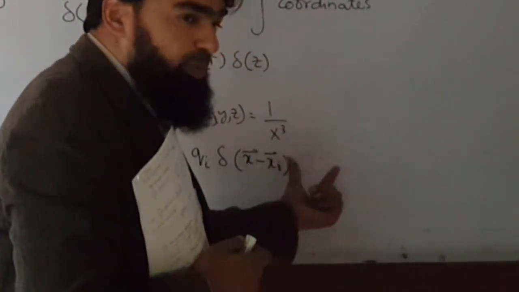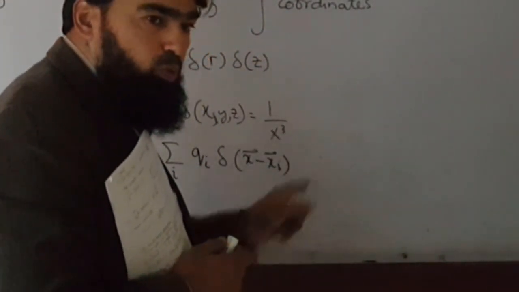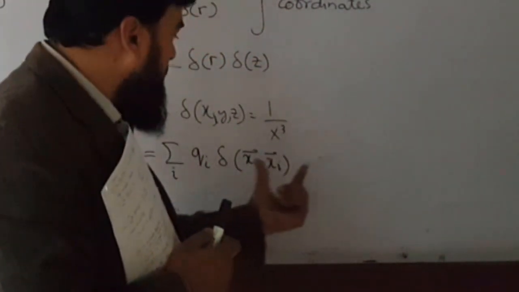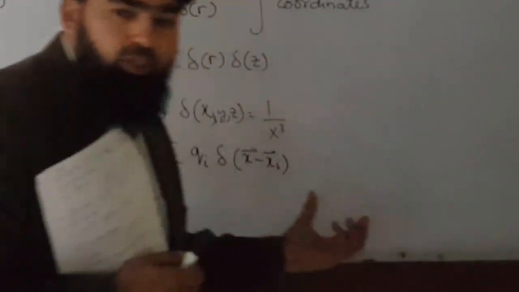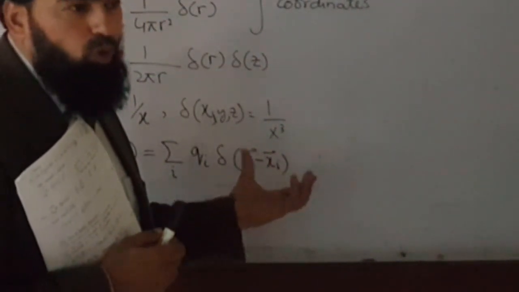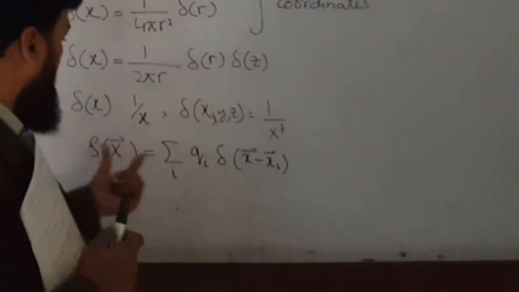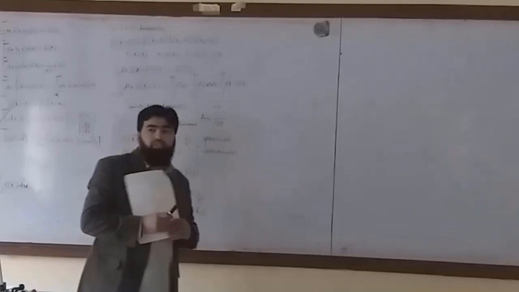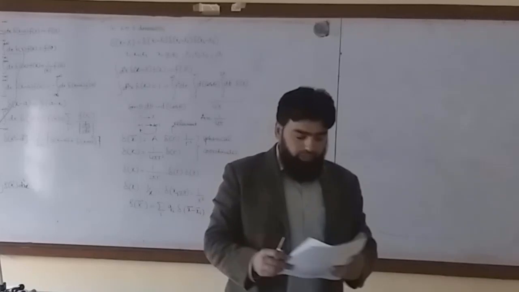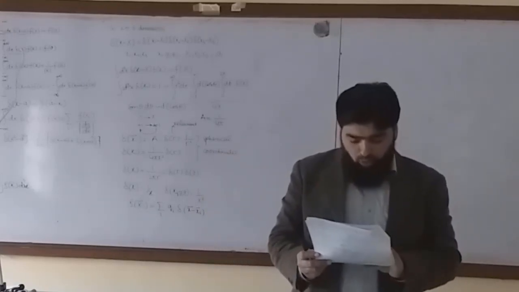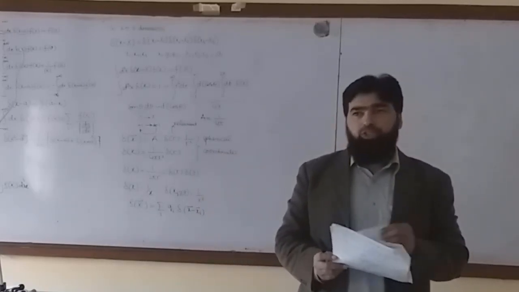So these are three dimensions. Each of them will be 1 over x, 1 over x, 1 over x, so 1 over x cube. 1 over x cube is actually 1 over volume. So charge per unit volume is what you define as charge density. Clear? So this is the new way to write the charge density.